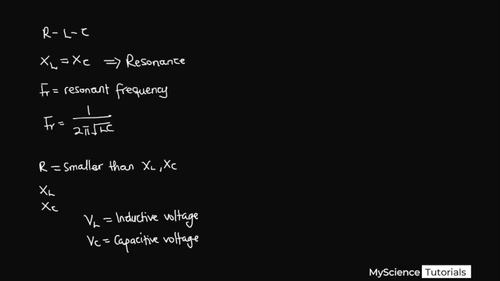Now, when we have resonance and our resistance is smaller than the inductive reactance and the capacitive reactance, we can observe that our inductive voltage and our capacitive voltage will be greater than the supply voltage.